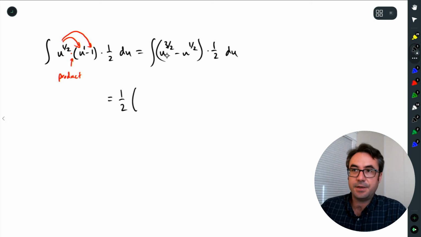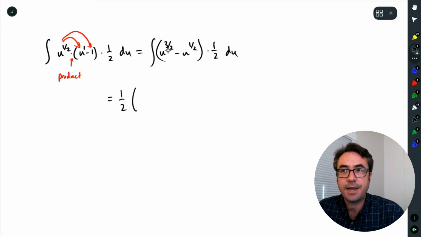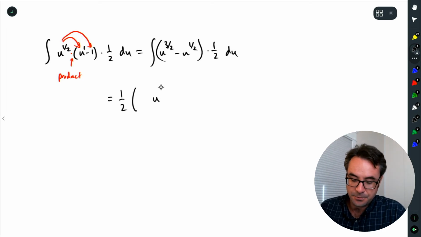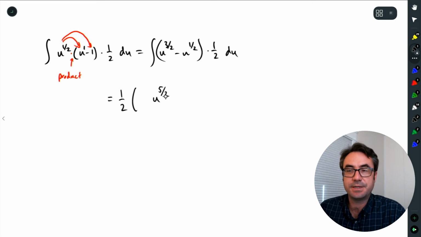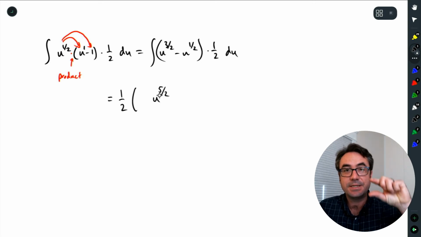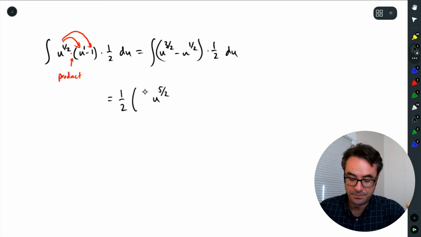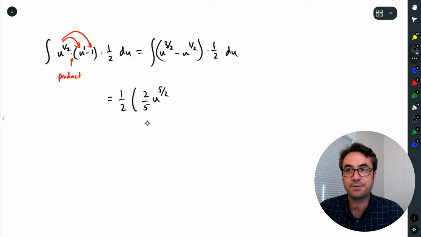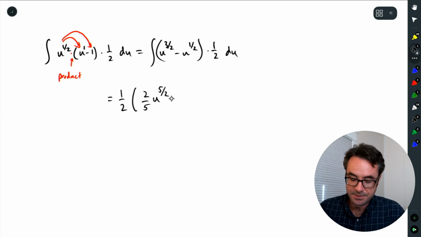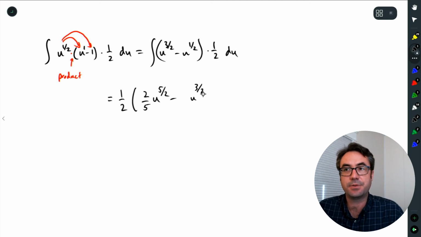So what's the antiderivative of this u to the 3/2? Well, our variable is u. Add 1 to the exponent, so that takes us up to 5/2. Take that new exponent, flip it, put it in front of the u, so 2/5. And then we have minus, and then do the same thing for this u to the 1/2. Our variable is u. Add 1 to the exponent, so we go up to 3/2.